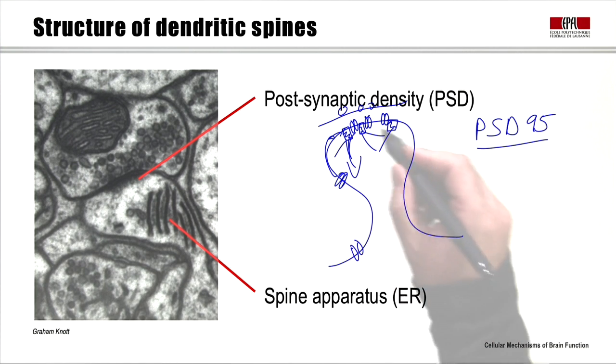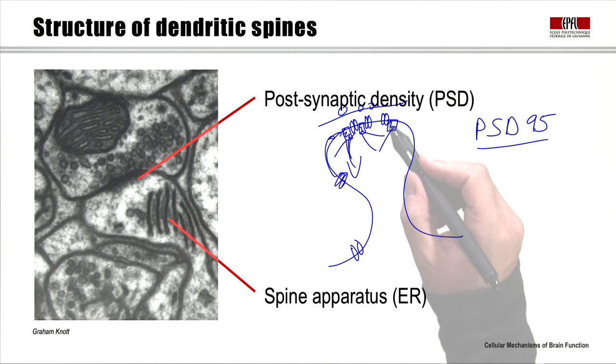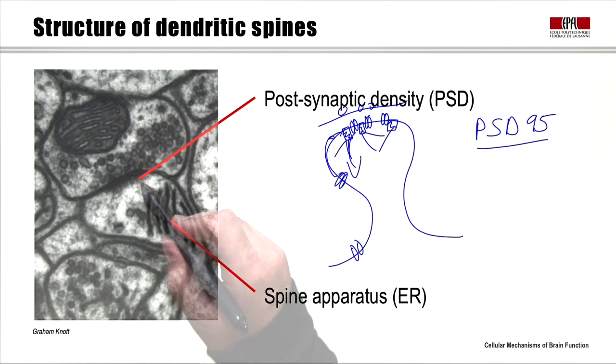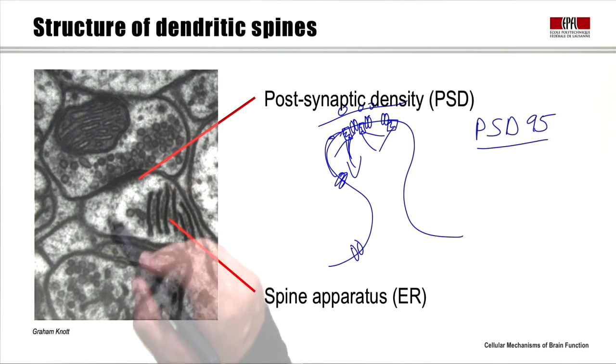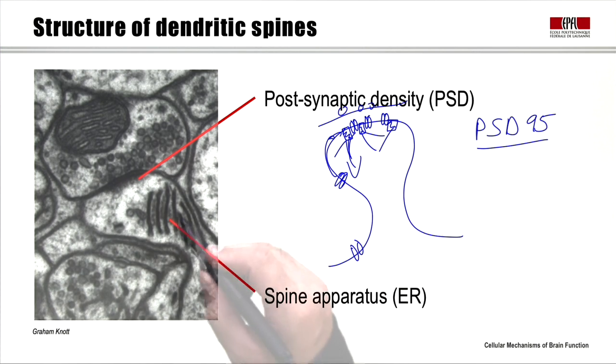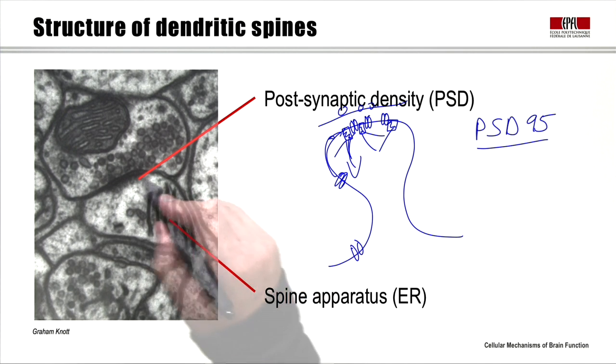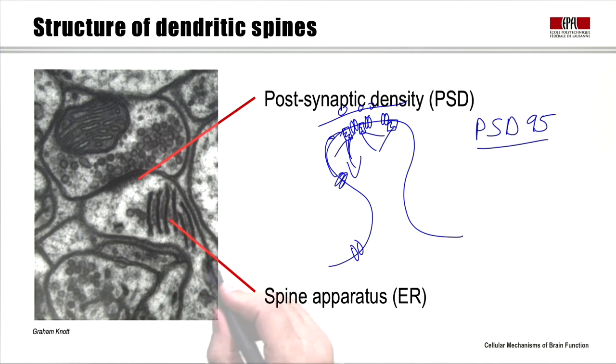So there are many signaling molecules present, and many of them are right here at the postsynaptic density, where they're being held in place exactly where they need to be, next to the AMPA and NMDA receptors.